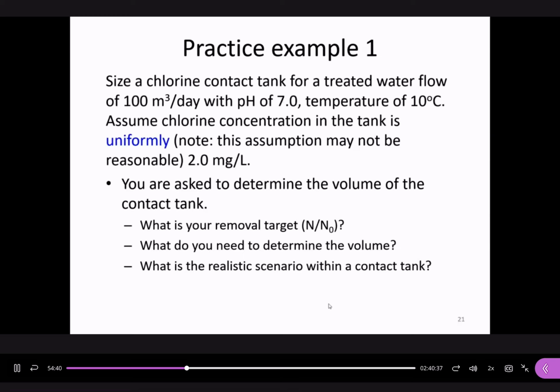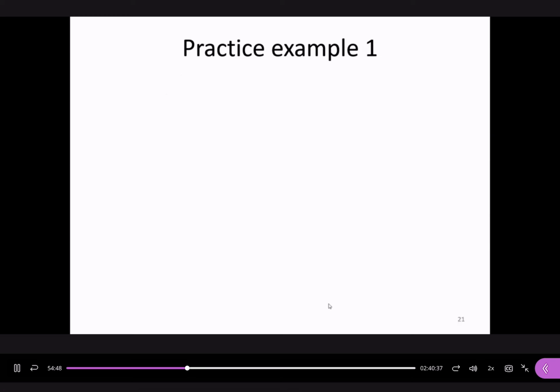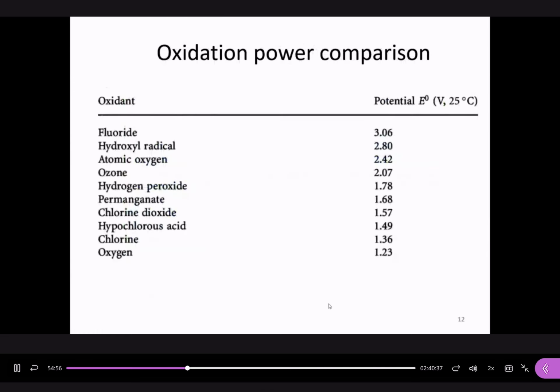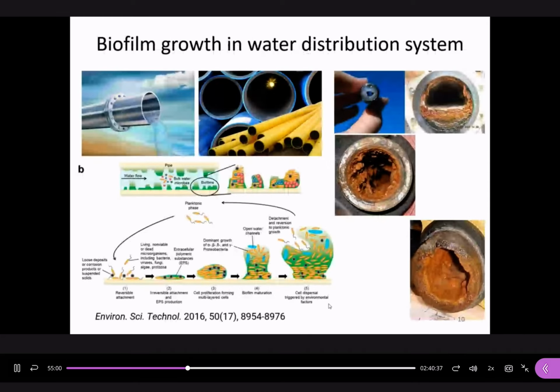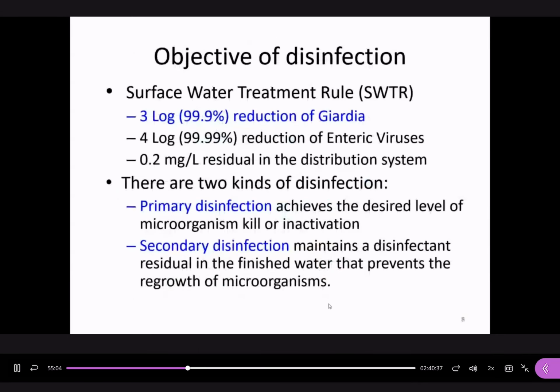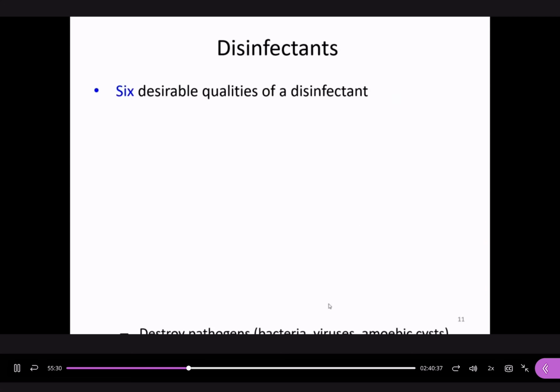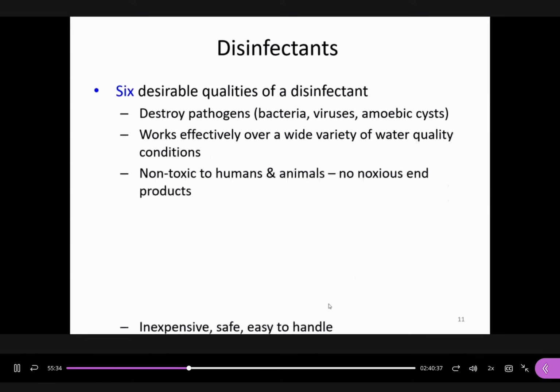So what is the answer for the first question? What is the target? 3 log, right? 3 log of Giardia cysts. So that is your target, 3 log. And if we want to achieve 3 log at pH 7, 10 degrees Celsius, what is the CT value we need?